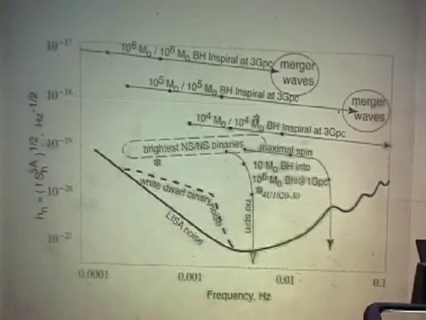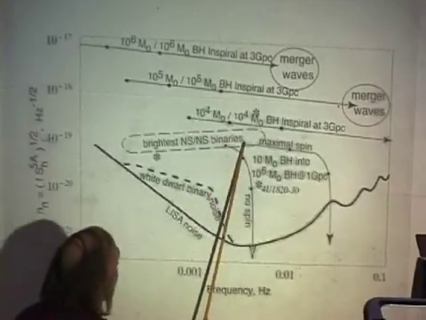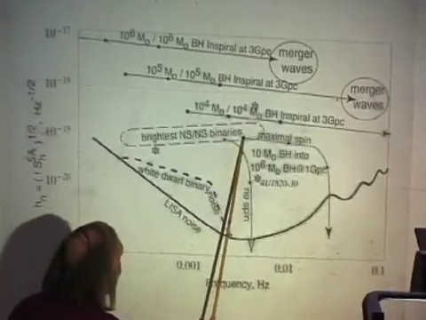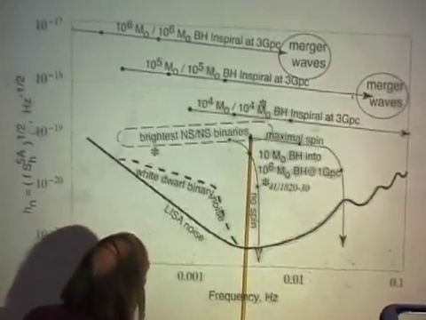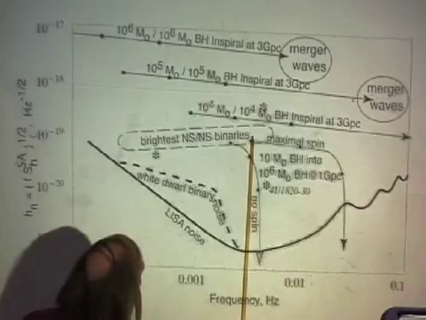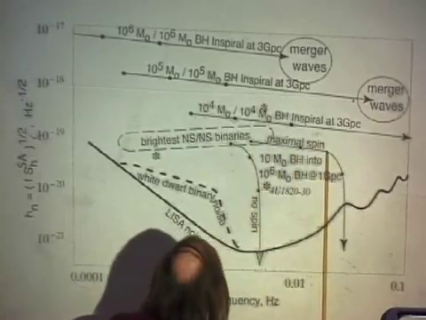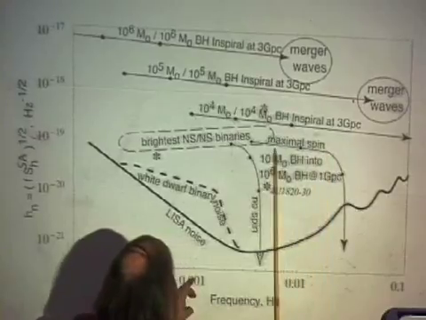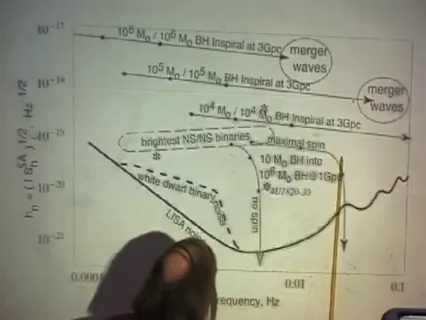In the case where the big black hole is spinning rapidly, in the last year, the waves move from a frequency of about 3 millihertz on up to about 30 millihertz.